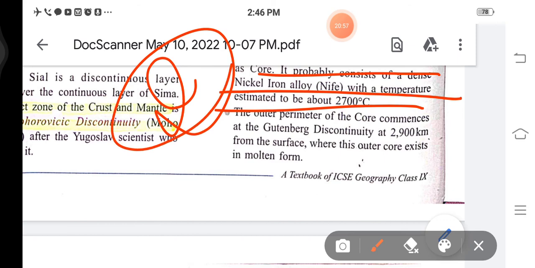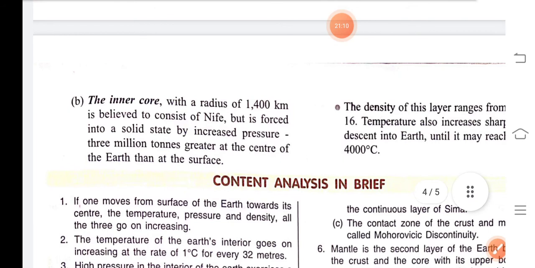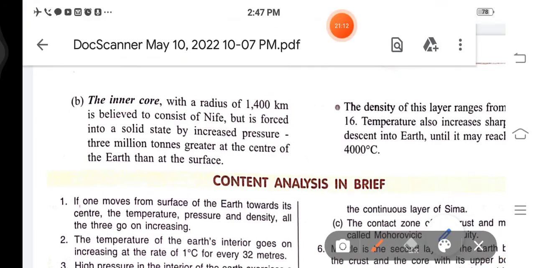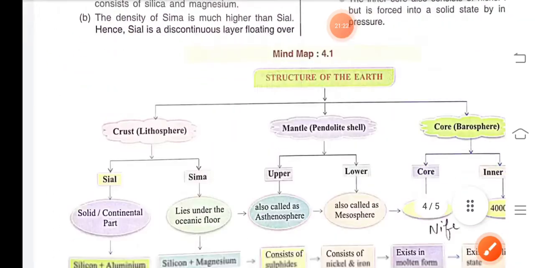Then you can write that the outer core is in molten state. So you got 3 points from here. And you can also write that the density of the inner core is 14.5 to 16. Okay, 4 points you got from here.